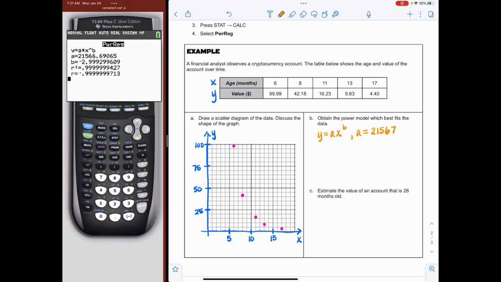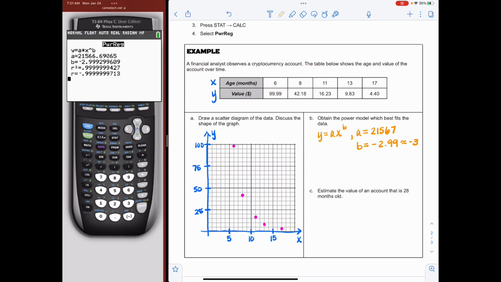I'm just going to round it to the nearest whole number. And it's telling us that b is equal to negative 2.99, which is very, very close to negative 3.